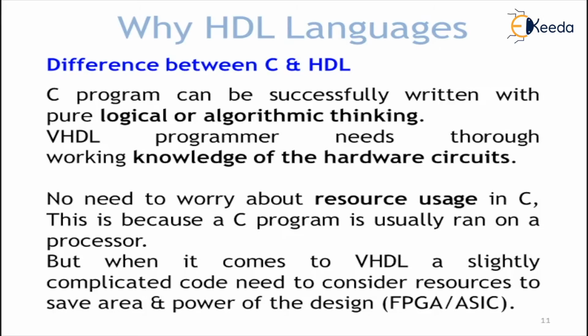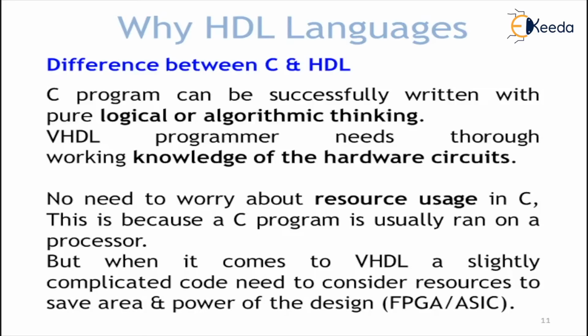C programs can be successfully written while keeping our thinking process logical and algorithmic, but a VHDL programmer needs knowledge of logic and algorithms, as well as the hardware circuitry like FPGA, CPLD and PLDs.